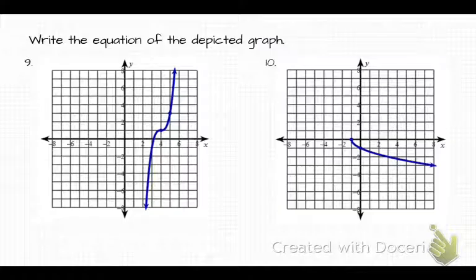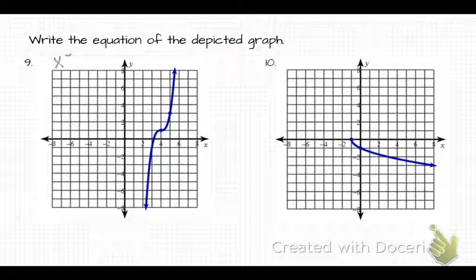Look at number 9. It says write the equation of the depicted graph. So all that's given to me is the graph itself. I need to just write the equation. I also like to identify a, h and k here because it makes it easier for me to identify the equation. So first, what kind of graph is this? What's the name of it? Cubic. What kind? Cubic or cube root? Cubic.